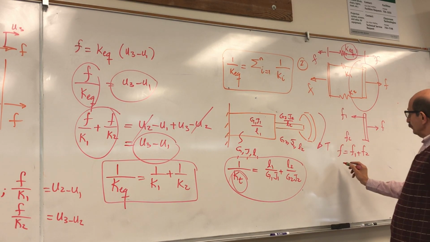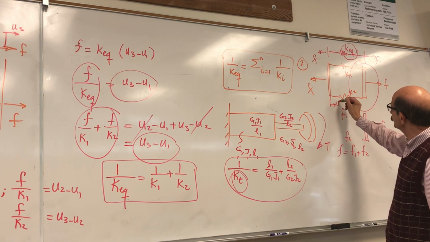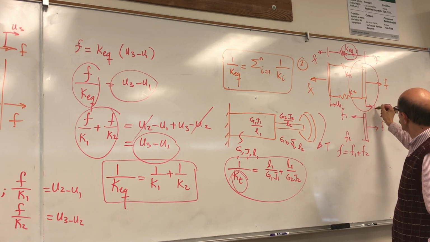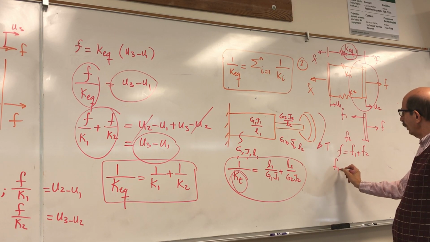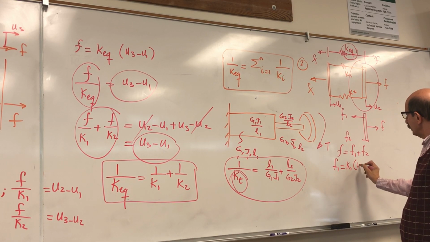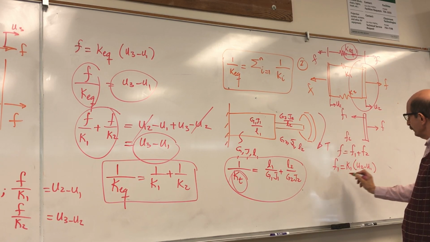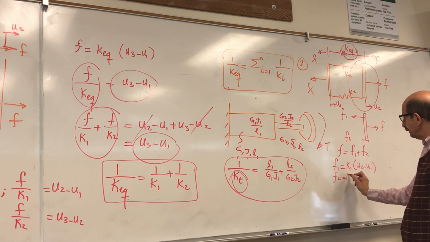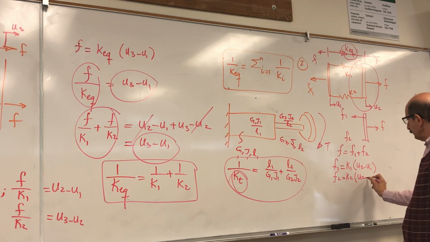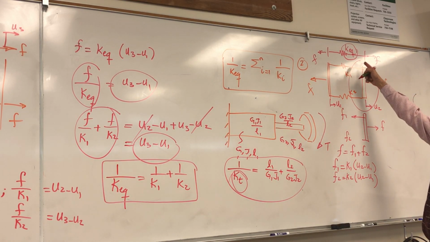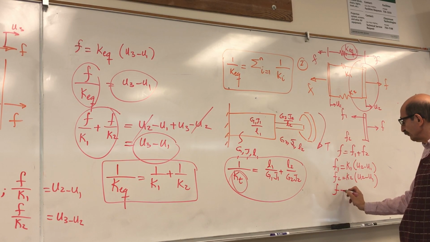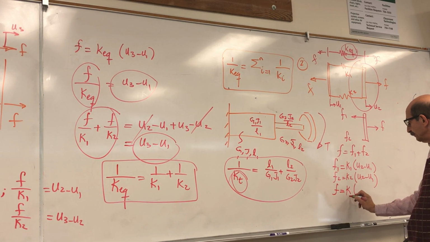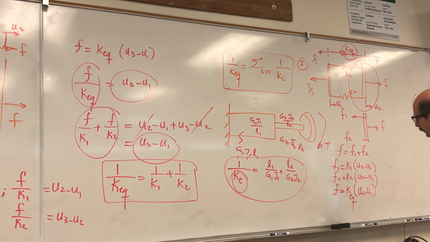So we know each of the displacement that these experience, okay, which is the same. F1 is K1 times U2 minus U1. F2 would be K2 times the same displacement, and the equivalent spring would also be subject to the same displacement.